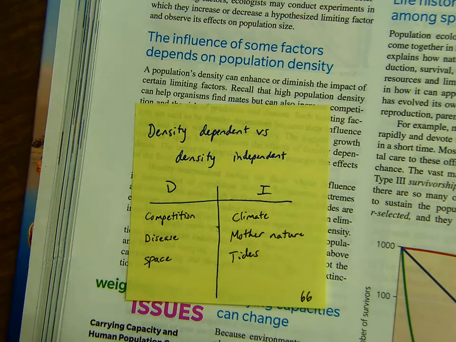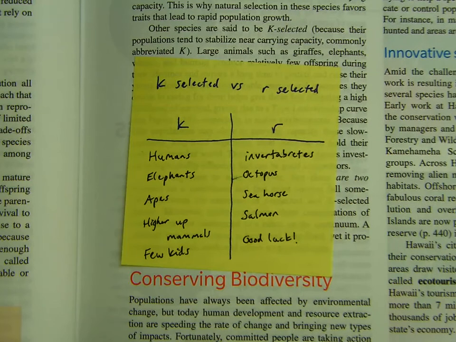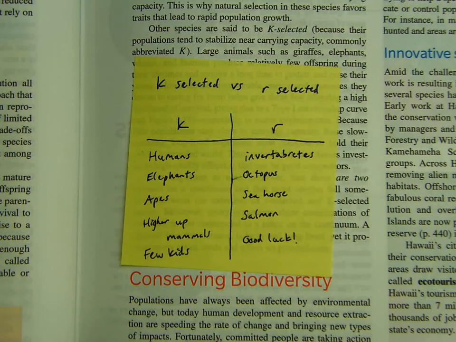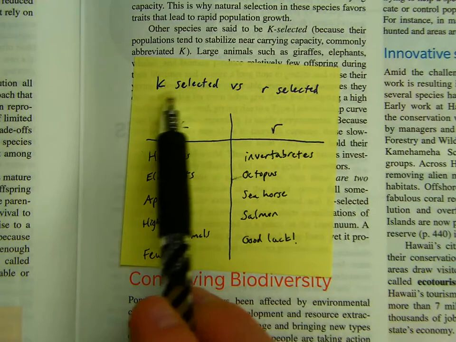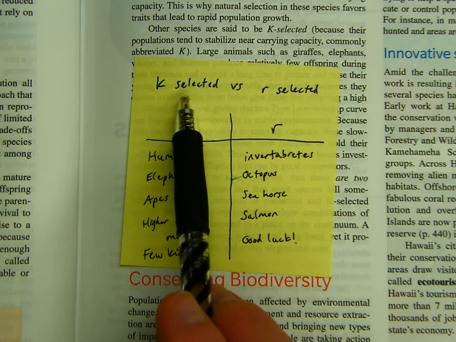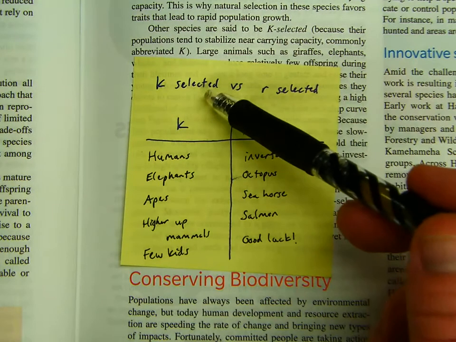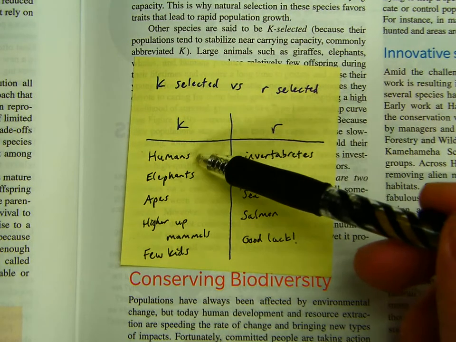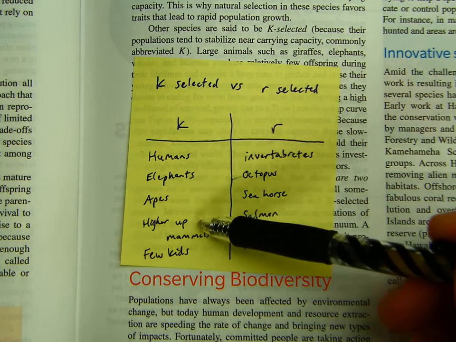Okay, so now we've got K selected and R selected species. The way that I talk about K selected species to my biology kids, an easy way to think about it, is they're typically the bigger animals. So you can see I've got humans, elephants, apes, higher up mammals.